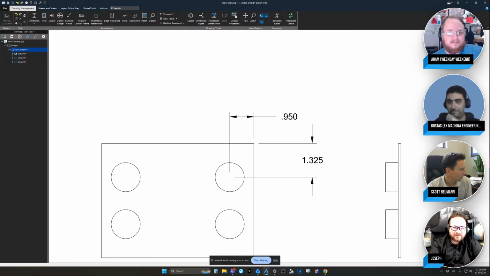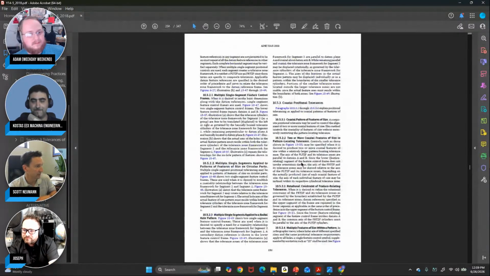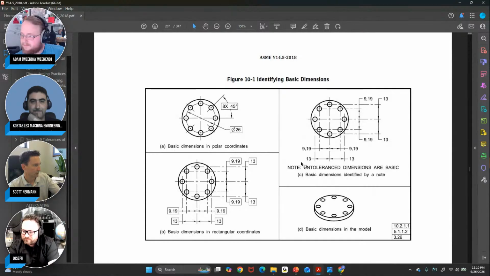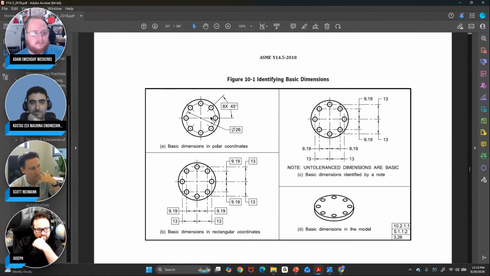Anyway, I wanted to point out the standard different ways you can do basic dimensions. So let me just pop to this figure. Y14.5 says there are actually 4 different ways to identify basic dimensions. Remember, on round parts, it's sometimes better to do a bolt circle angle setup, a polar coordinate system.